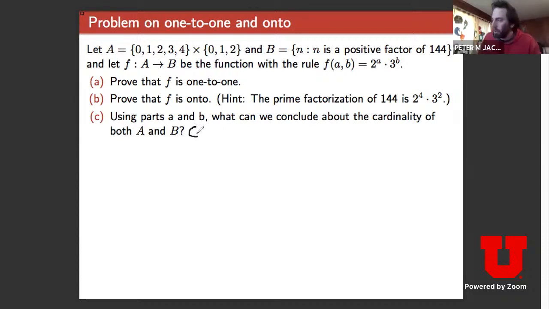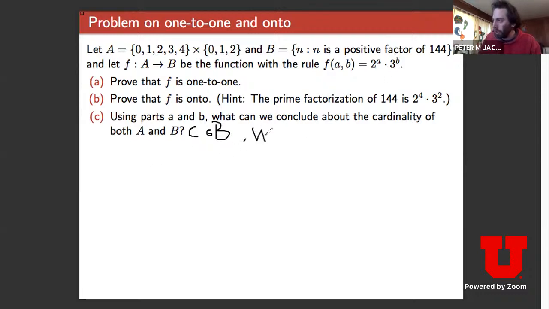I'll just use a different lettering so that the notation is clear. So as he said, we're going to take a c in the codomain. The codomain is this capital B. So let's let c be in the codomain. That means now that c is a positive factor of 144.